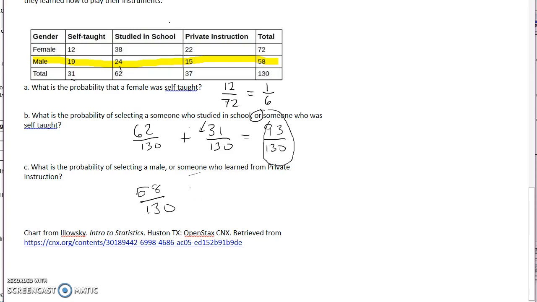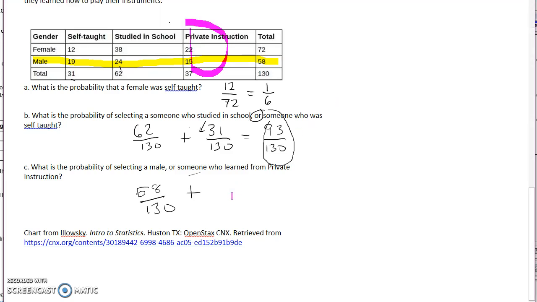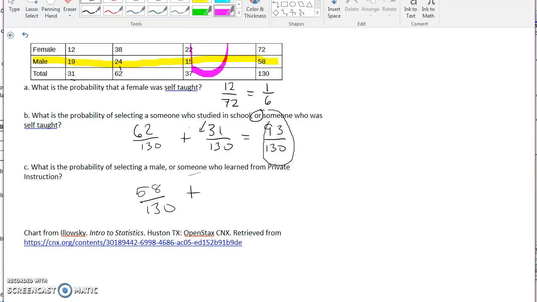And then we're going to add someone who learned from private instruction. Where are those people? The private instruction people is going to be this right here, right? So how many of those are there? There are 37 out of 130.